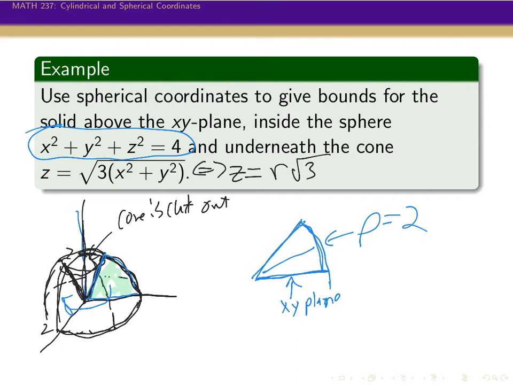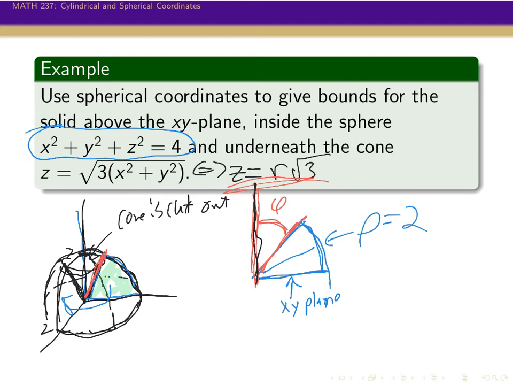Okay, and then this top part right here, that's coming from this line with slope square root of 3. And so if we want to get our phi here, the z-axis was pointing straight up from here. So phi is that angle sitting right there.